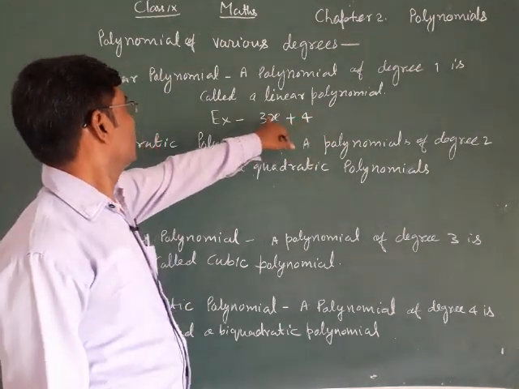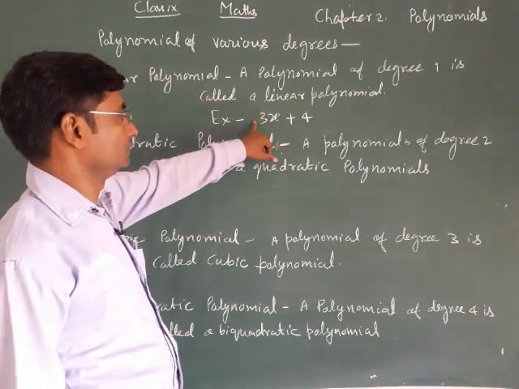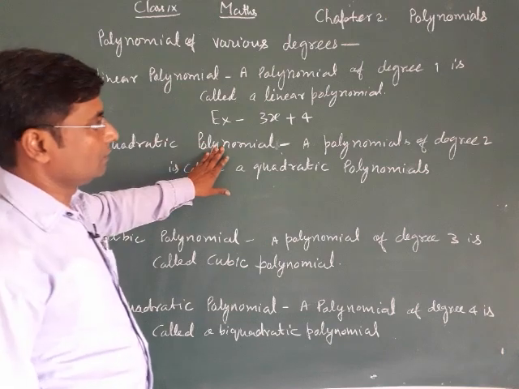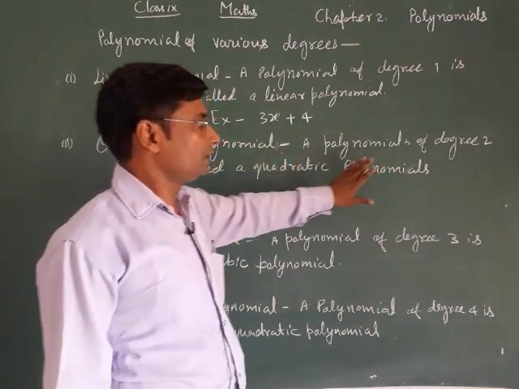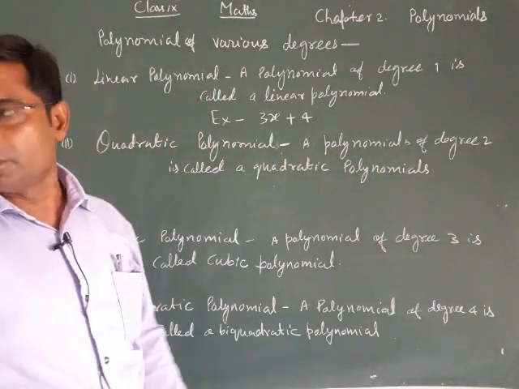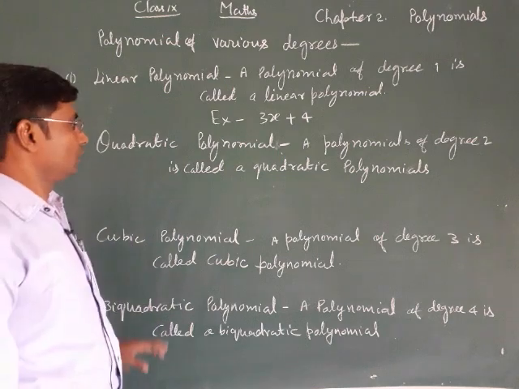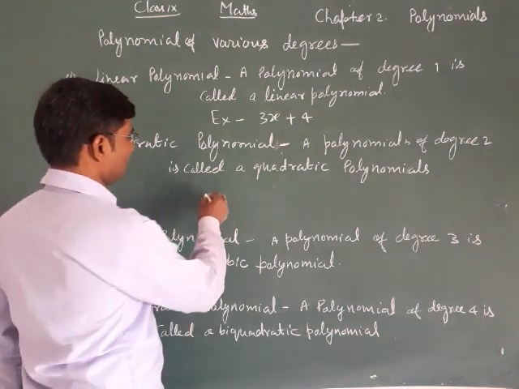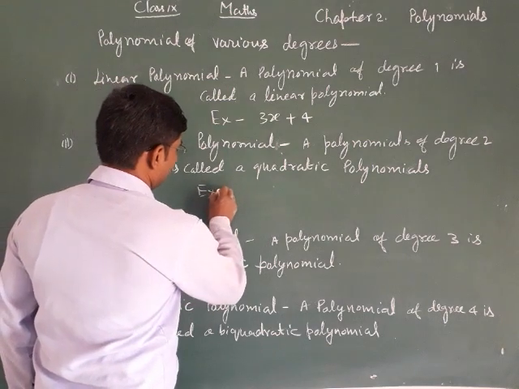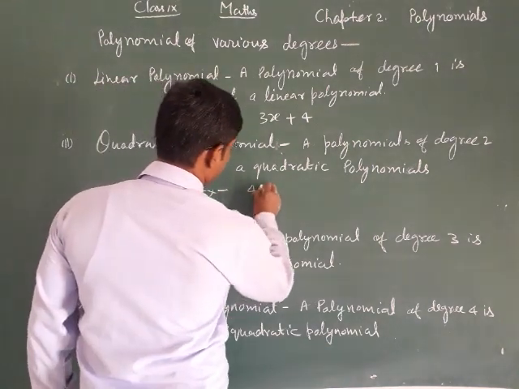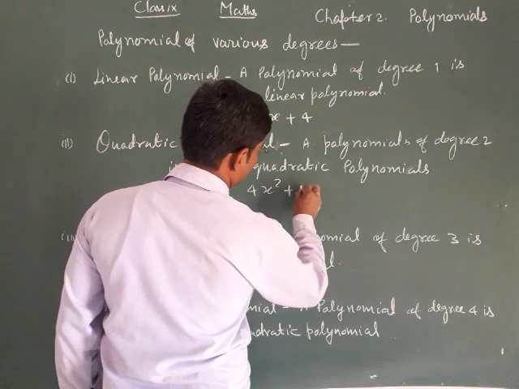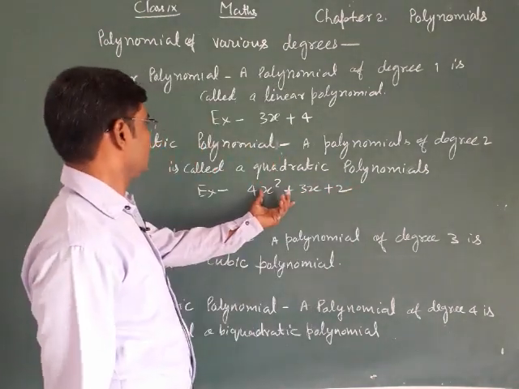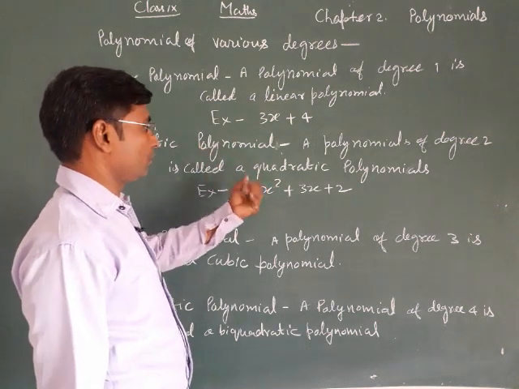This is a linear polynomial. Quadratic polynomial. A polynomial of degree 2 is called a quadratic polynomial. For example, 4x square plus 3x plus 2. This is called a quadratic polynomial.